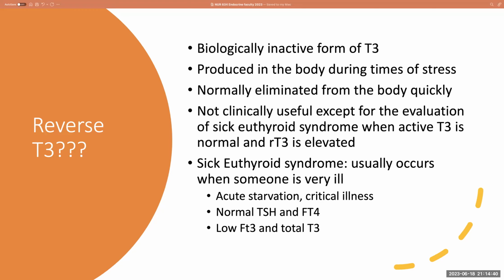It can, however, help when you're looking at sick euthyroid syndrome, when the active T3 is normal and this reverse T3 is elevated. Sick euthyroid syndrome usually occurs when somebody is really sick, starving, or in critical illness, and they will present with a normal TSH and free T4, but a low free T3 and total T3. We're not going to get deep into that, but that's the one instance when you might use this reverse T3.